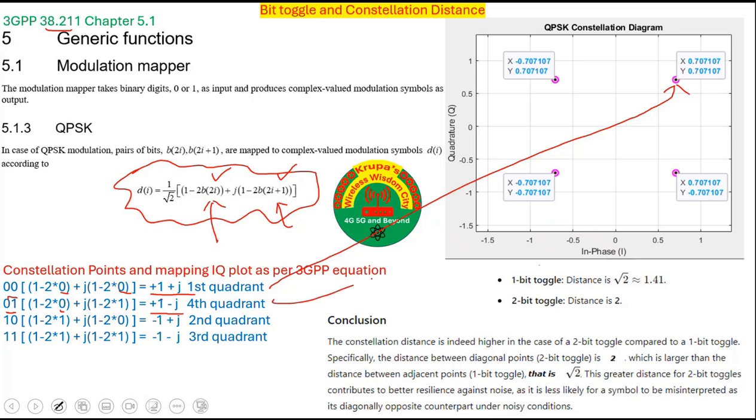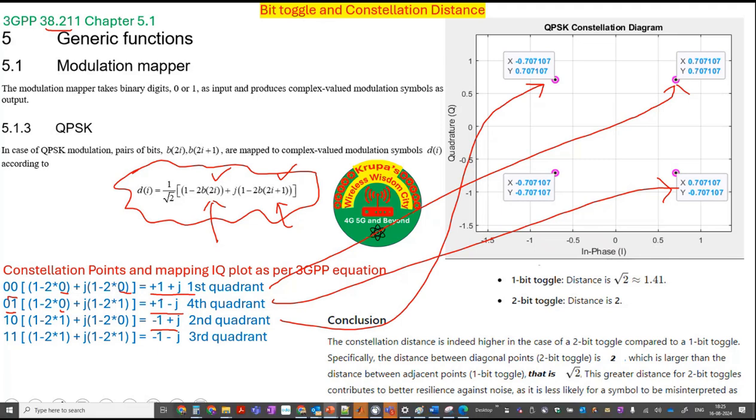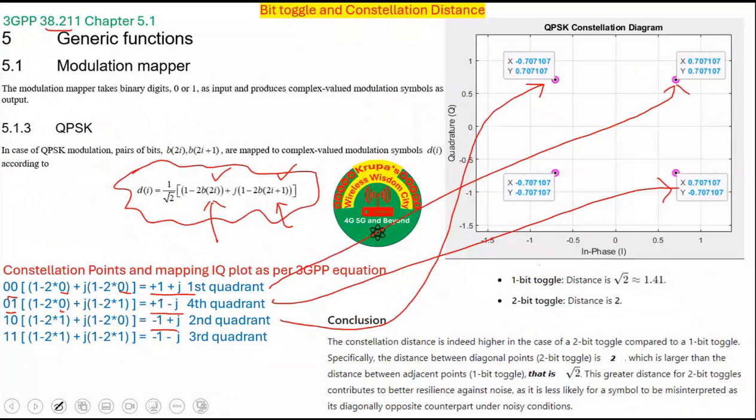Where does it point to? It points to the 4th quadrant. And in a similar way 10, if you calculate, it's coming to minus 1 plus j, and that would go to your 2nd quadrant. And my 11, if I apply the same equation, would take you to the 3rd quadrant.